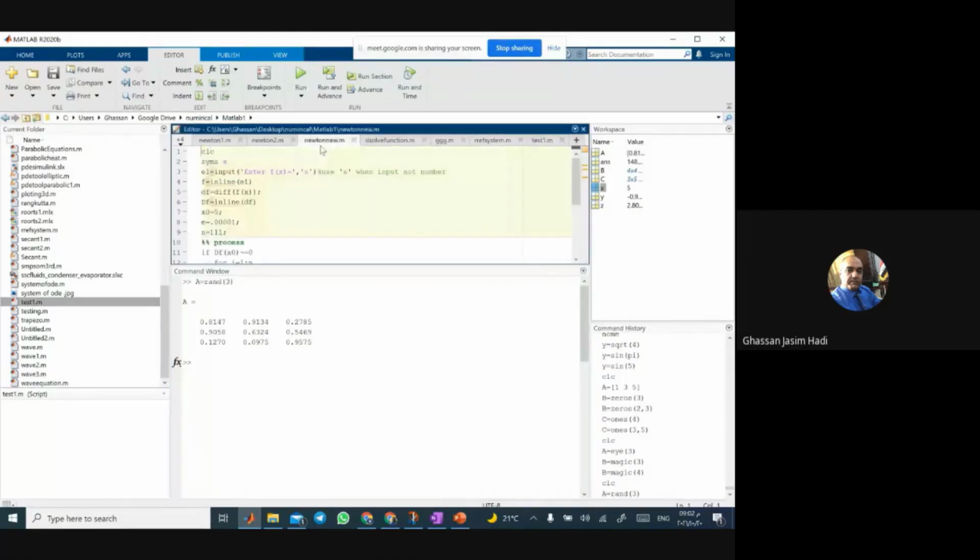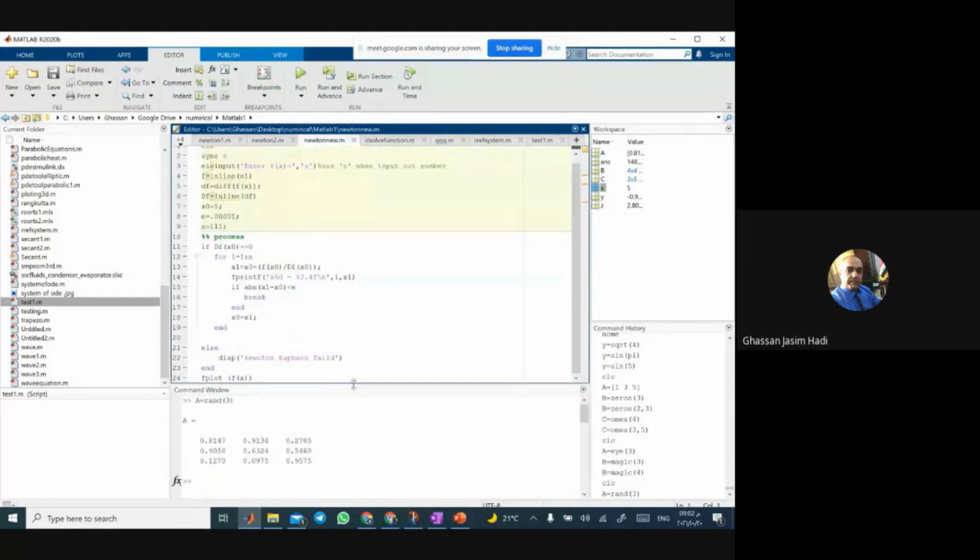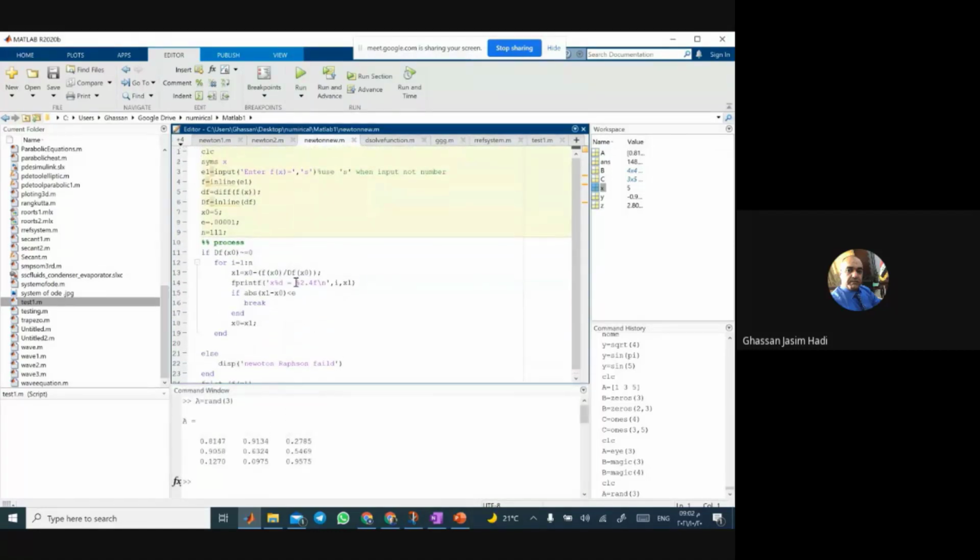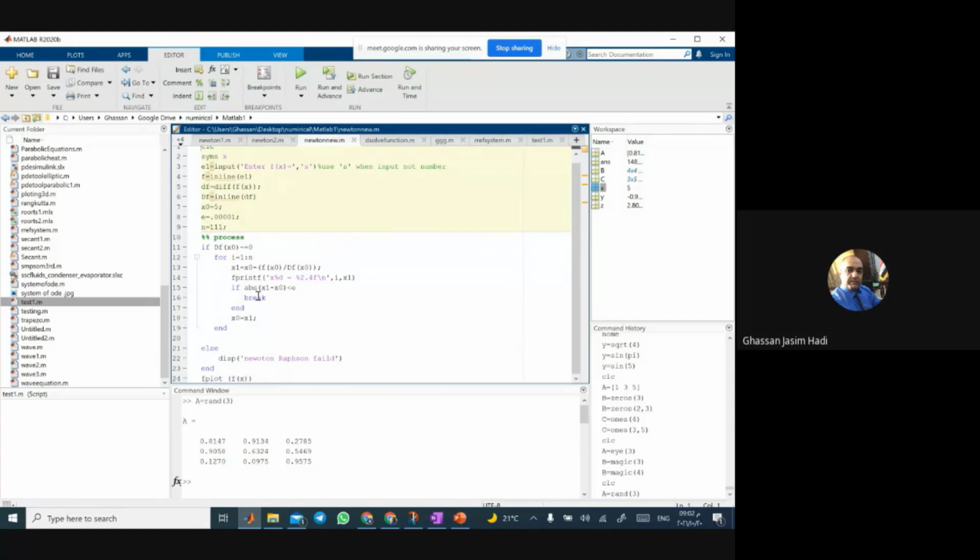For example, look at this. This is a program I created. This is a program to find roots by Newton's method. Okay.